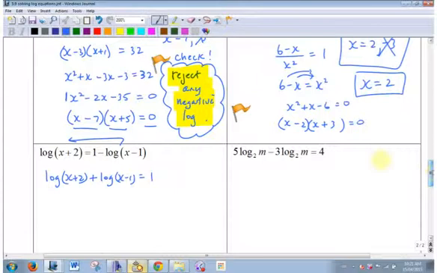It's plus, join them together. That's multiply. Okay, 10 to the power of both sides.